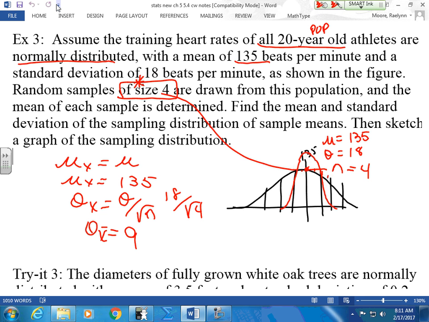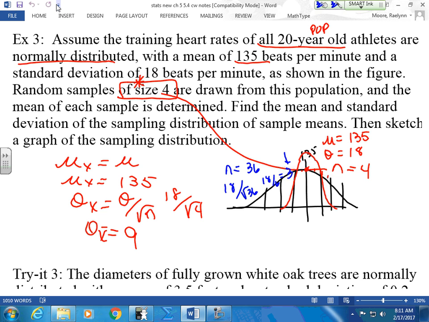So why do we use this? For you guys that were out yesterday, we spent an entire period going through this theorem to develop these two things: that the mean would stay the same, but the standard deviation would shrink. And we did find at the end of the period, n has a big play in this. If I increase n to say 36, I'm 18 divided by the square root of 36, so 18 divided by 6.